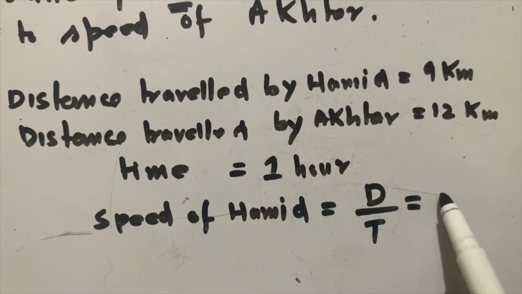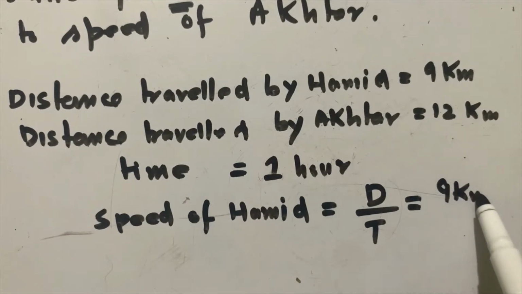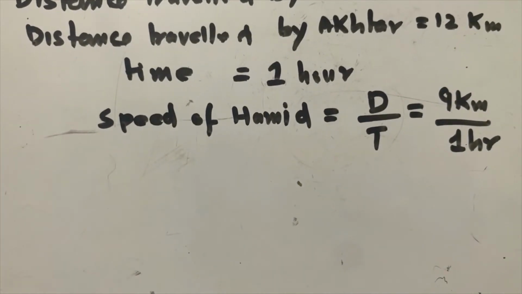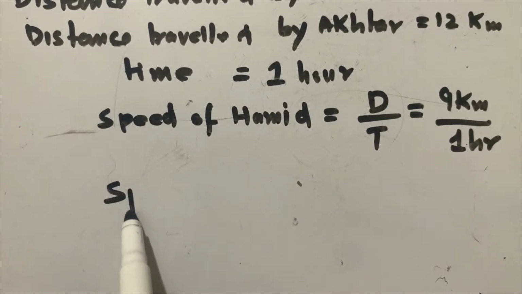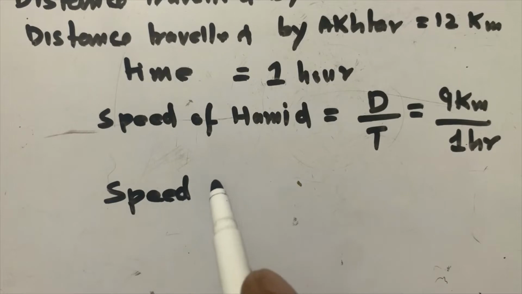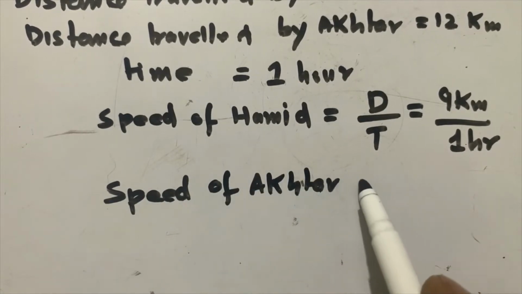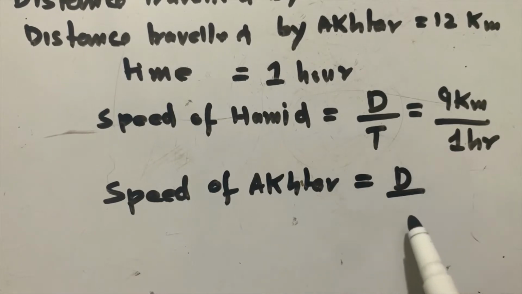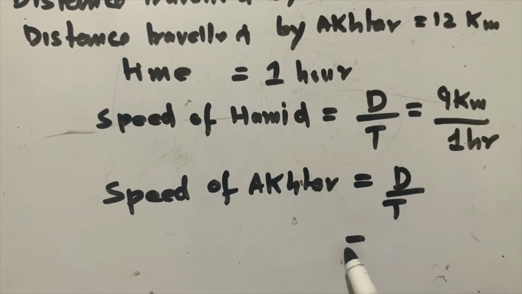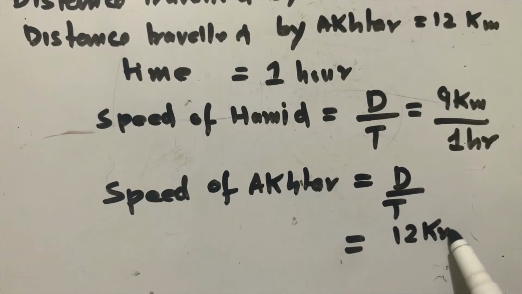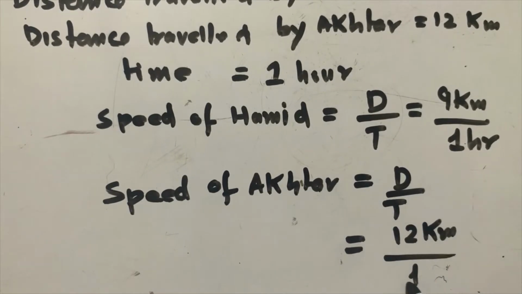Distance how much is given? 9 km, और 1 आवर में जा रहा है. ओके. नाउ स्पीड ऑफ अख्तर इक्वल टू क्या होगा? डिस्टेंस अपॉन टाइम. डिस्टेंस ट्रेवल्ड बाय अख्तर इज 12 km एंड टाइम 1 आवर.